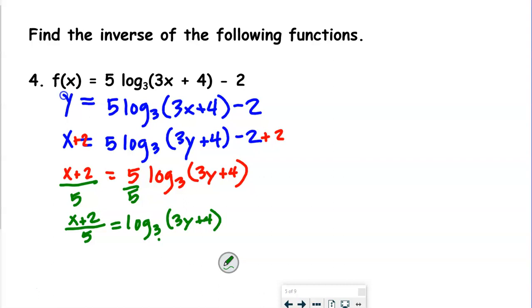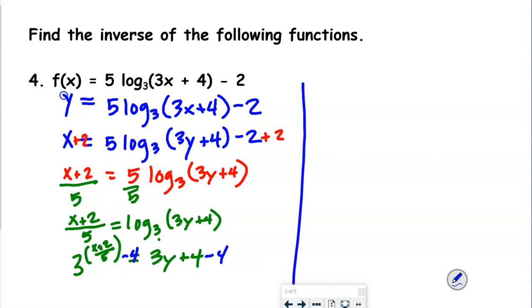Okay, so now we're going to put it in exponential form. So there's our base 3. So we're going to take 3 to the x plus 2 over 5 power. And we're going to set that equal to our 3y plus 4. So we're going to subtract 4 from both sides. I'm going to move it over here, y'all. So we're going to have 3 to the x plus 2 divided by 5, minus 4.